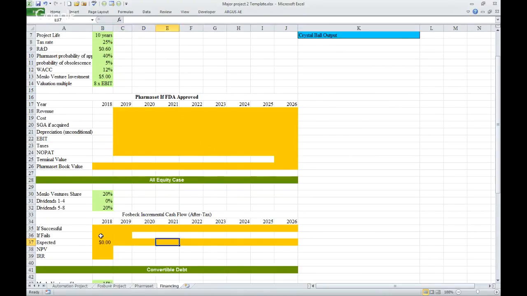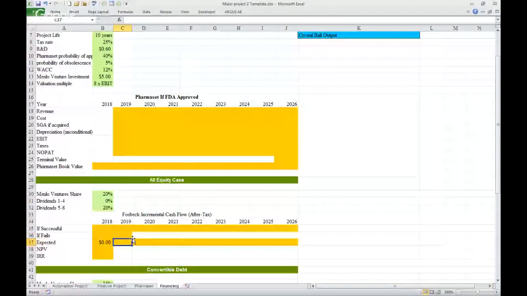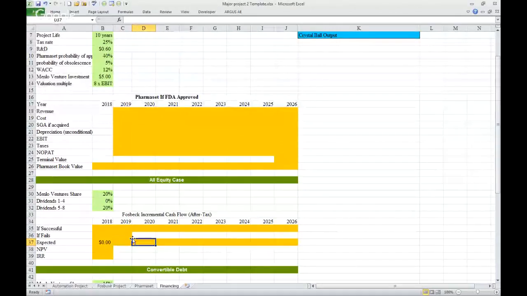And then I will do the same for every year. Obviously, if the project fails, there will be no cash flow after 2020 from the venture capitalist perspective, or from the cash flow that will be paid to the venture capitalist, because once the project failed, the VC will leave in 2019 with whatever money VC would receive from the project.